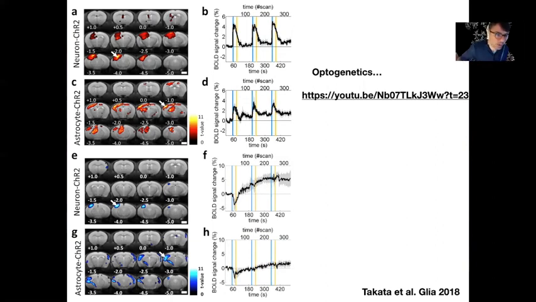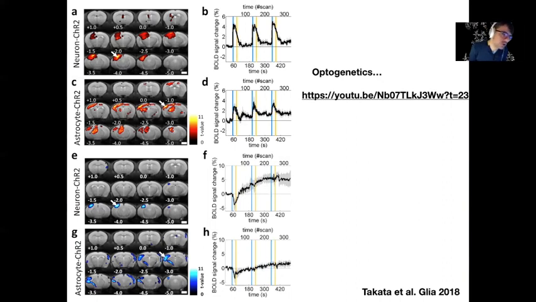In D, what you have is the stimulation with light of the astrocyte. And you can see that when you stimulate the astrocyte, you also have this increase of the functional MRI signal, very significant. That stops when you stop the stimulation of the astrocyte.